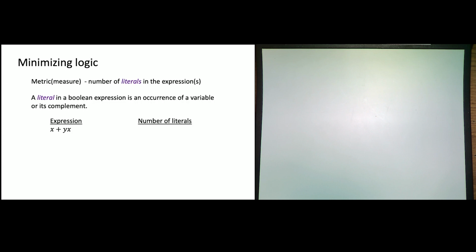So for example, let's do a couple of examples. How many literals in this expression? Yes? Three. Okay. How about this one? 5. Okay. This one? 4. I didn't know if you were raising your hand or you were saying 5.